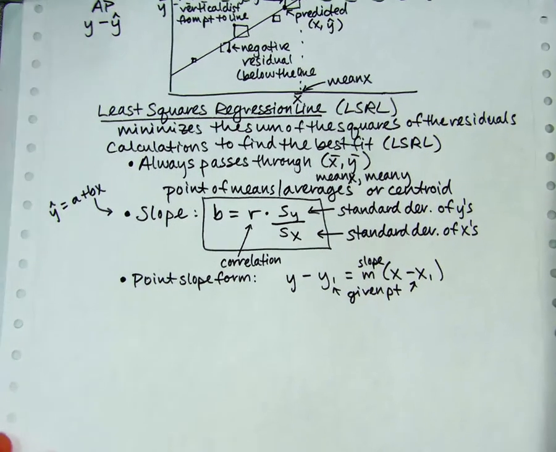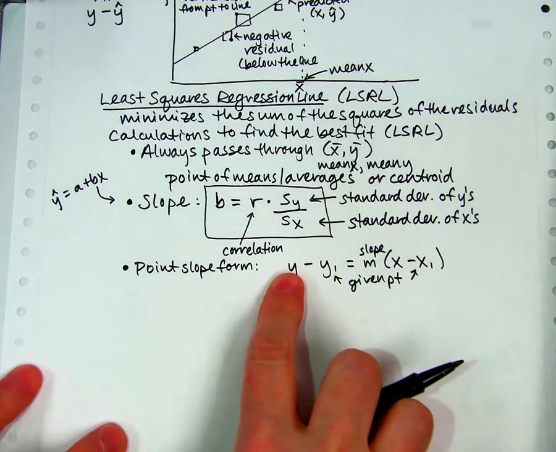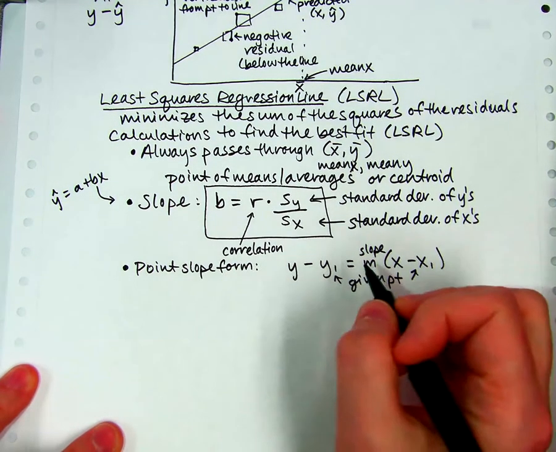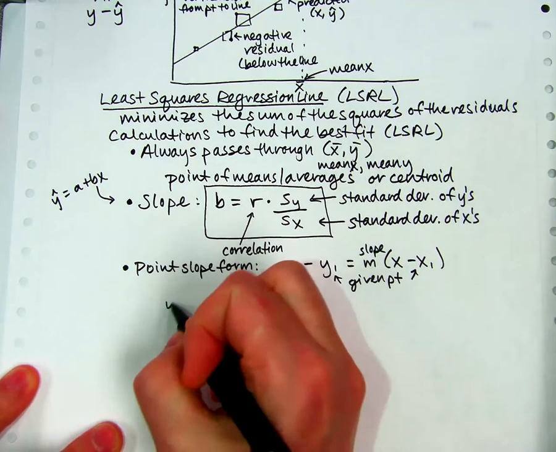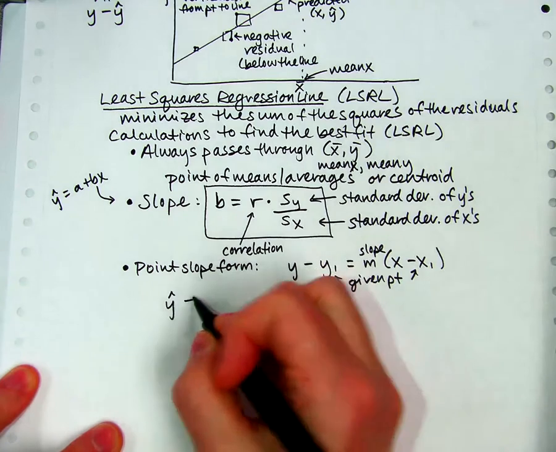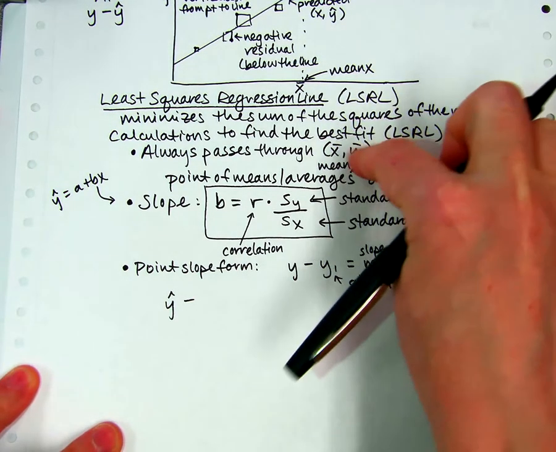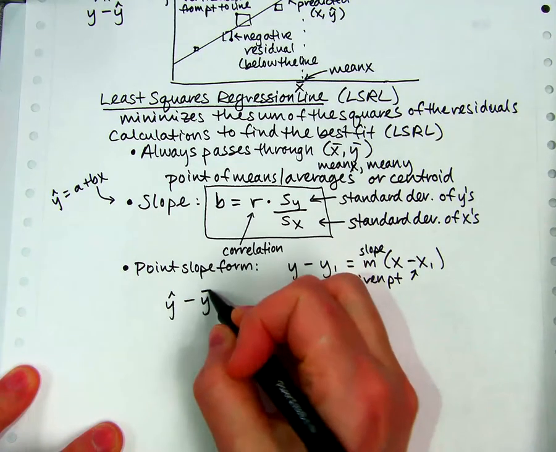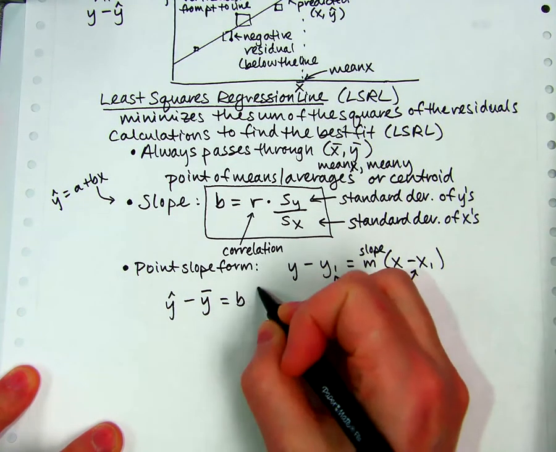Like I said, in statistics, we replace a lot of this stuff with different notation. So here's the statistics version of that same formula. We're trying to get an equation for y hat, so I'm going to call this first one y hat, not y. Y1 and x1 are this point that we know it goes through, so that's y bar and x bar. And then we're going to call the slope b instead of m.